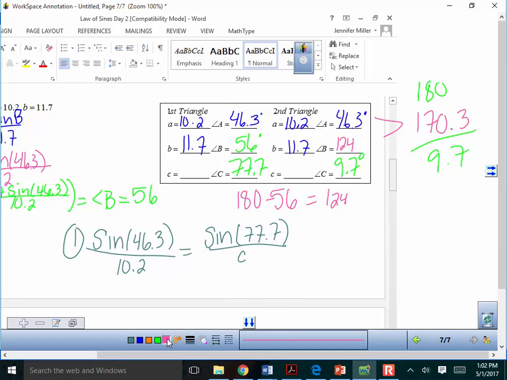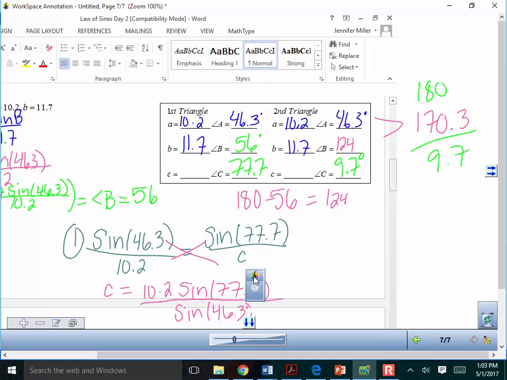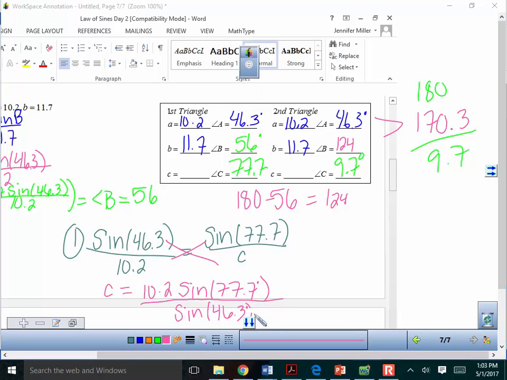So then we cross multiply here, and we get c is equal to 10.2 times the sine of 77.7 degrees divided by the sine of 46.3 degrees. Okay? Are there any questions here? What did you guys get for C on the first triangle? 13.8, is that what everybody else got? Good.